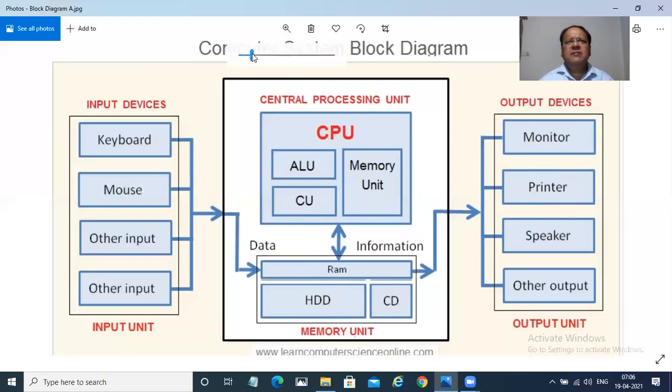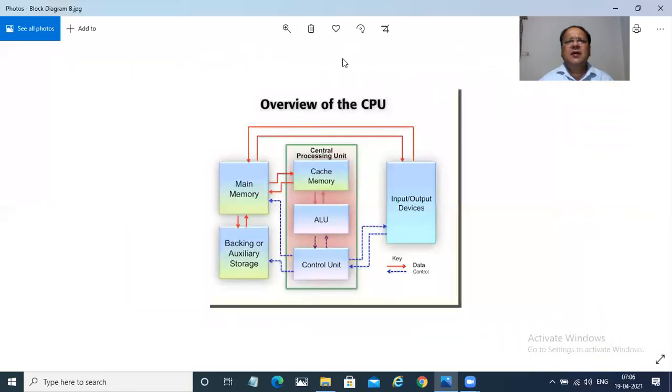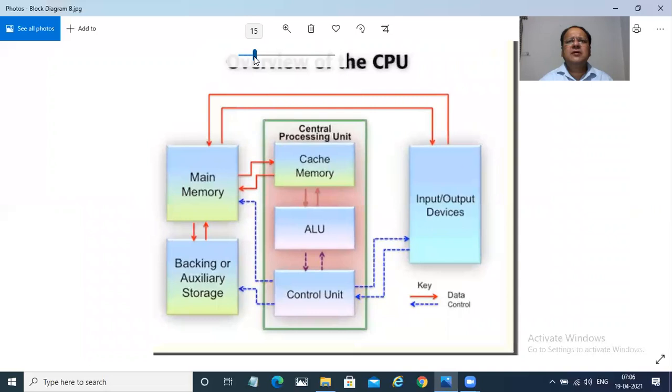Now we come to another little diagram, and I just want to once again show it to you, an overview of the CPU, to show you the flow of data, students. Now this is only of the CPU. We are not talking of input devices.